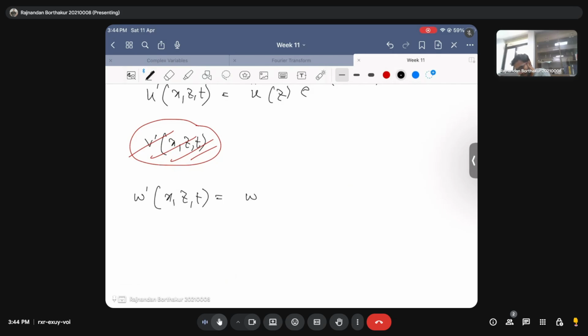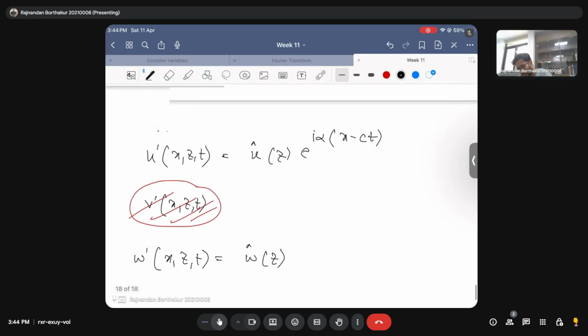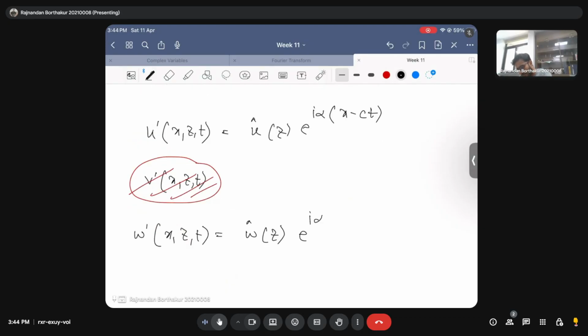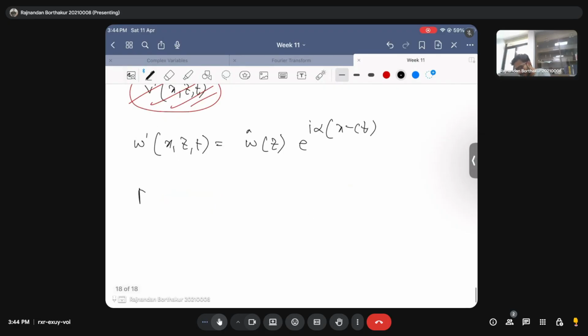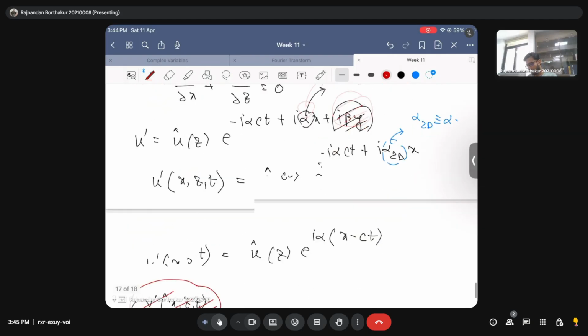This is w hat of z times e power i alpha (x minus ct). And similarly, I have p dash of z comma t as p hat of z times e power i alpha (x minus ct). Maybe I will name this equation.